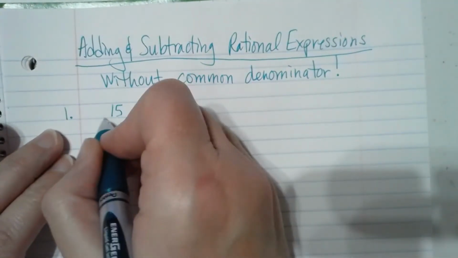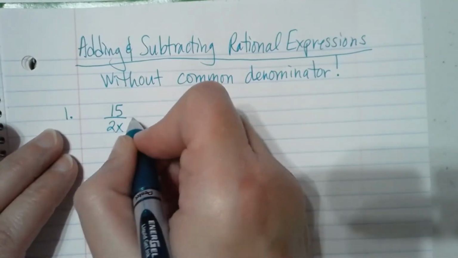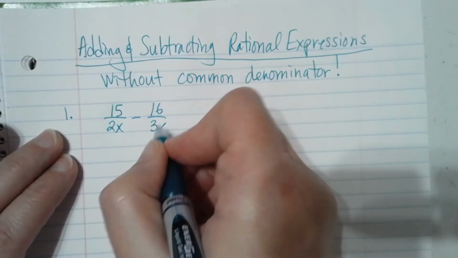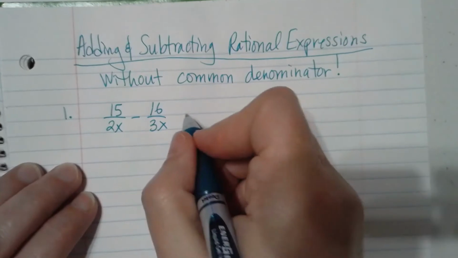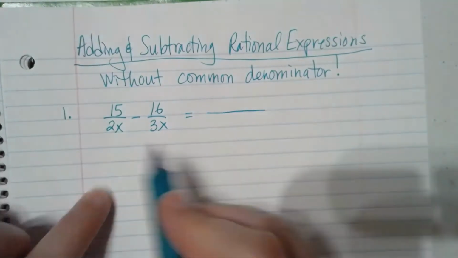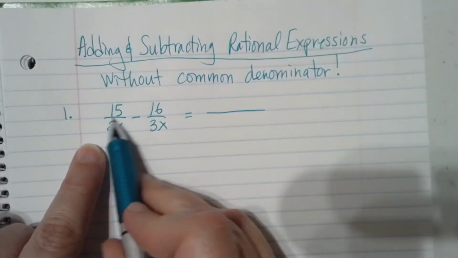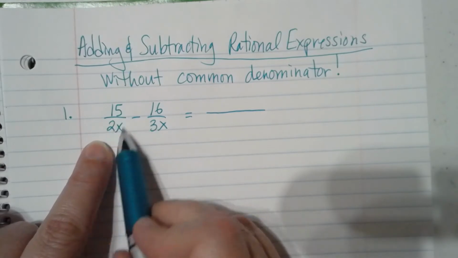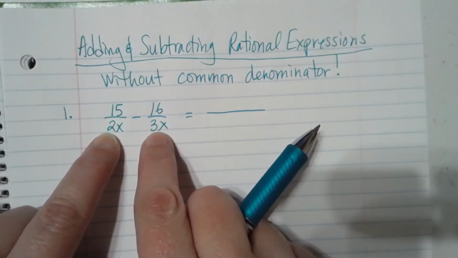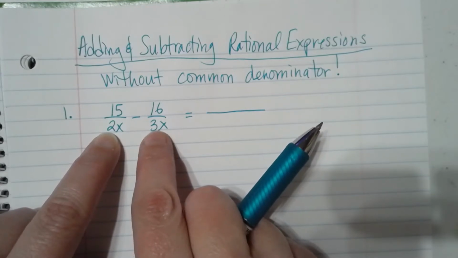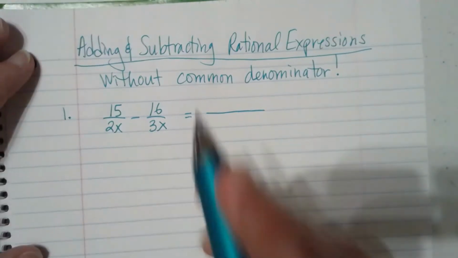So the first one says 15 over 2x minus 16 over 3x. What I have to do first is figure out what multiple these two things have in common. 2 and 3 obviously are not the same number. What multiple of 2 and multiple of 3 would be the same?